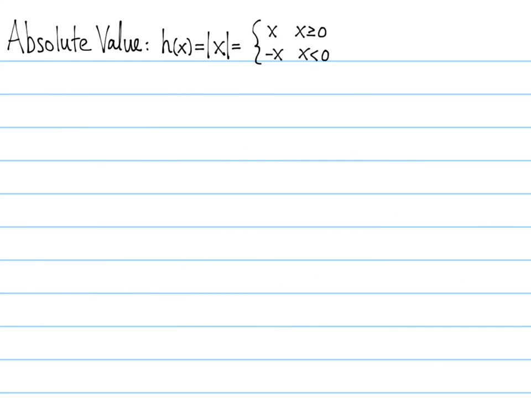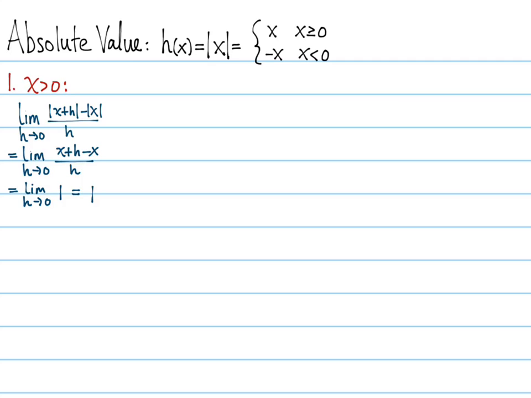Now here's a weird one, the absolute value. The absolute value is defined everywhere. It's continuous everywhere, it's a nice function. So let's take some of the derivatives. First, let's take the derivative when x is positive.